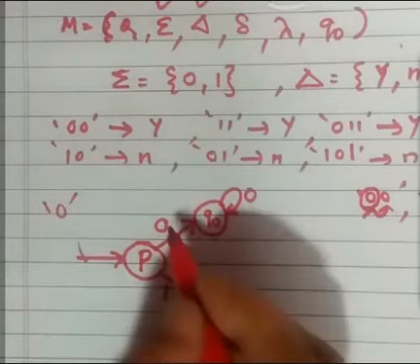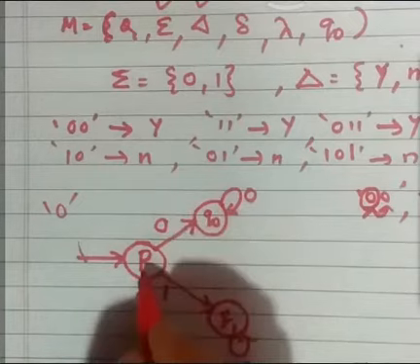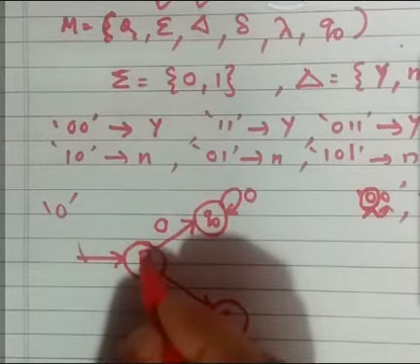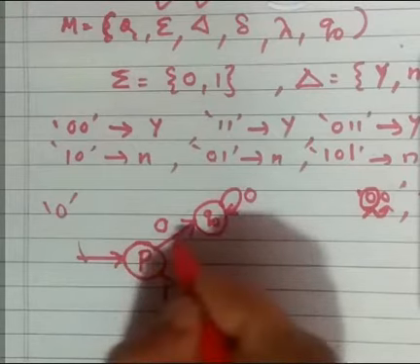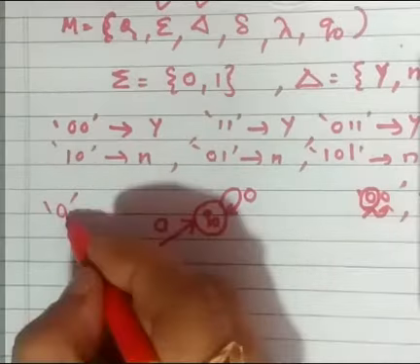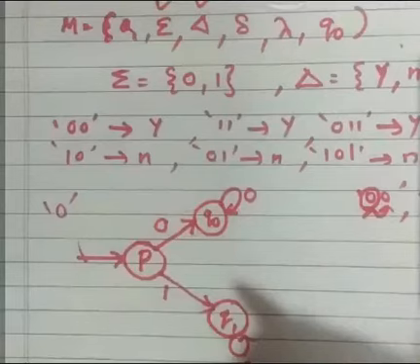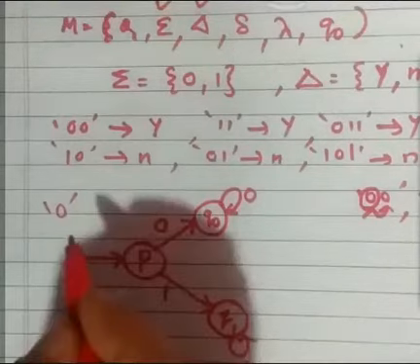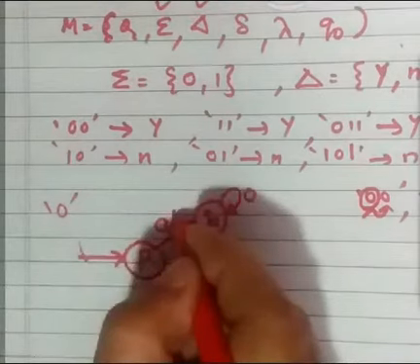So my state is P, my input is 0. With current state P and input 0, I am moving to Q0. But what about the output? If this 0 is the input string, my machine should give me the answer no. This is not ending with double 0. So if I get a single 0, I should give output as no.